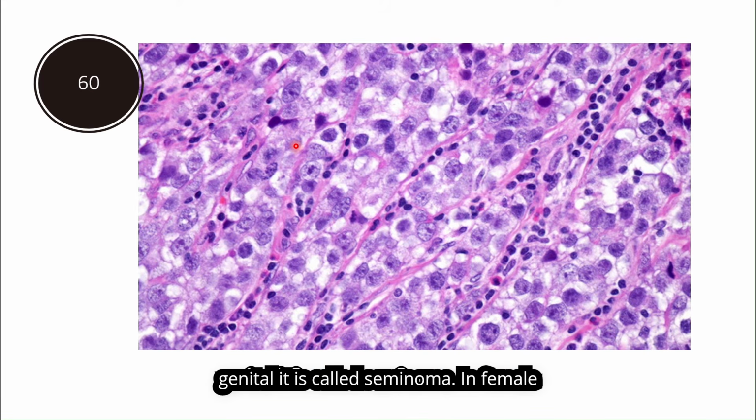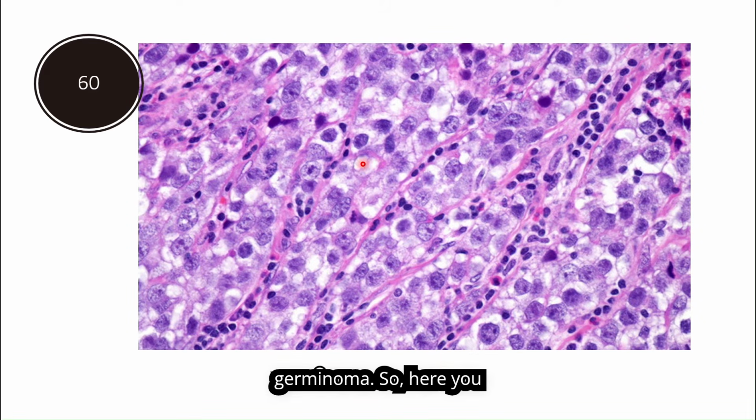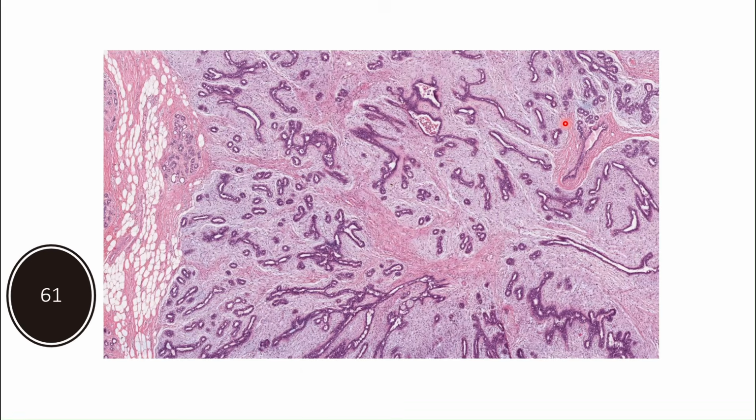In male genital it is called seminoma. In female genital system it is called germinoma. So here you can easily appreciate round large cells with clear cytoplasm and prominent nucleoli, and the fibrous septa contains lymphocytes. So this is the germinoma slide.